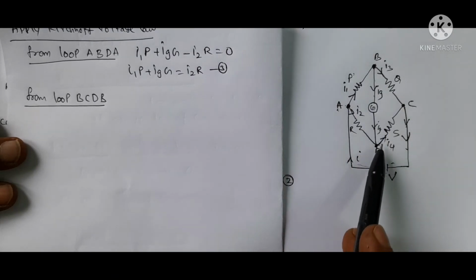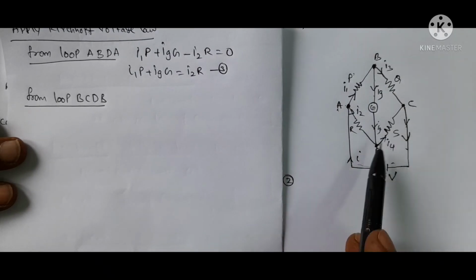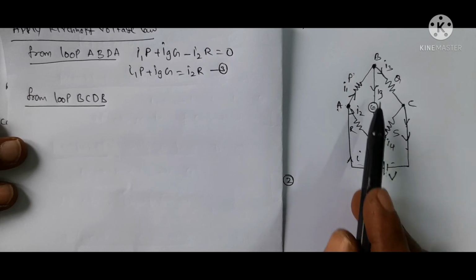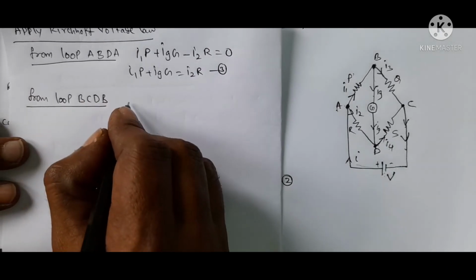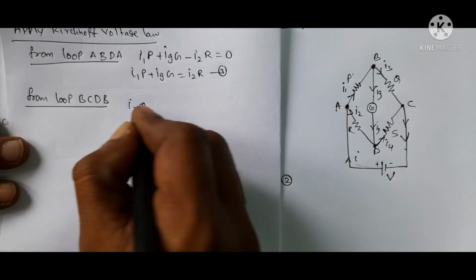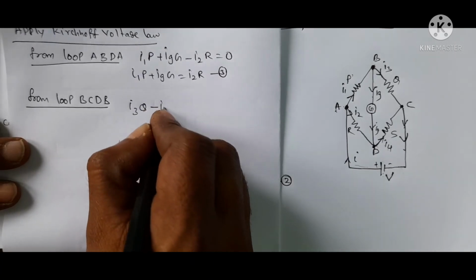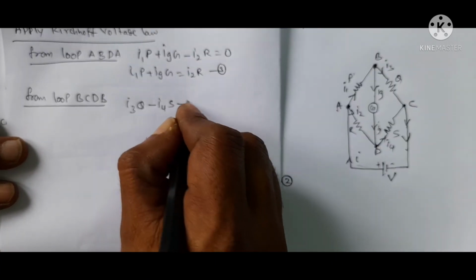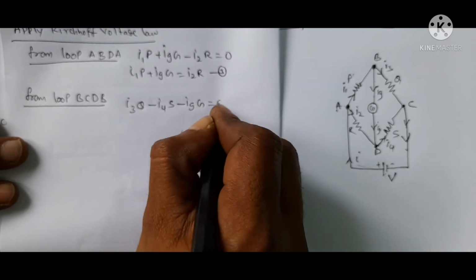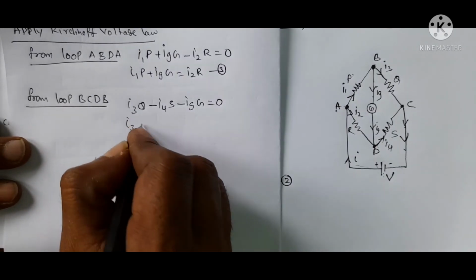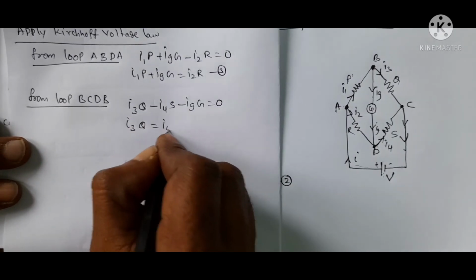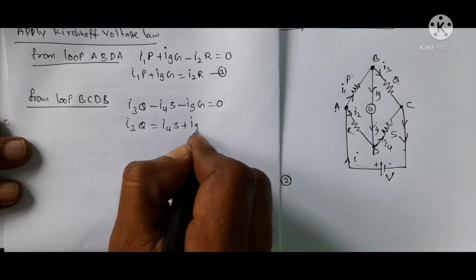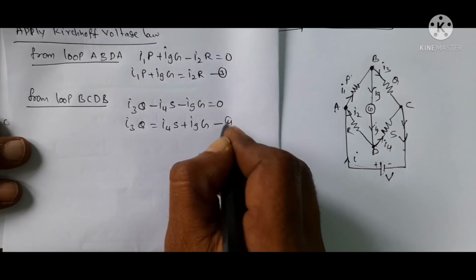Here the arrow mark is in the opposite direction, so you use minus; this also has the arrow mark opposite, so minus. So I3Q minus I4S minus IgG is equal to 0. For my convenience, I3Q is equal to I4S plus IgG. Let it be equation number 4.